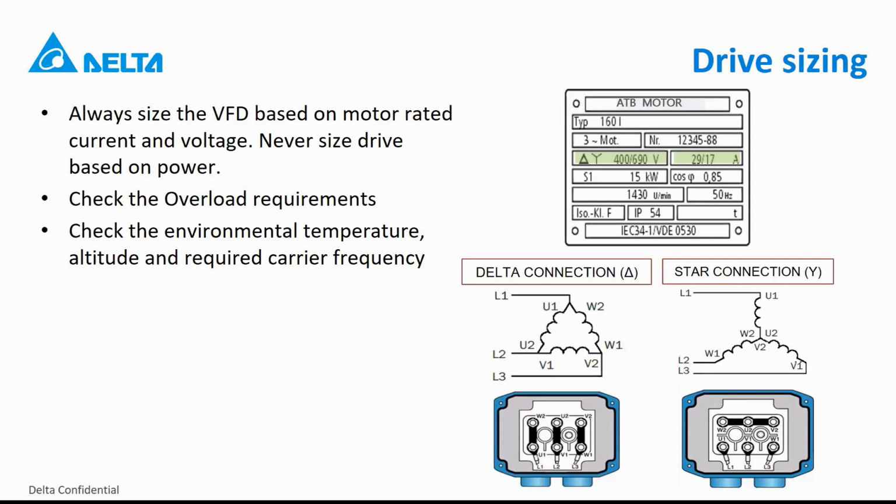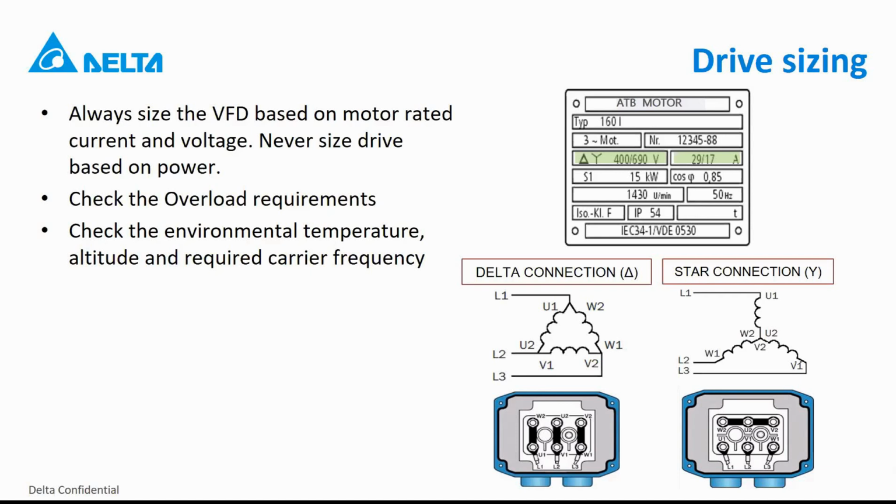Also, some other factors to keep in mind when you size a drive are the temperature, the altitude, and the required carrier frequency. For temperature, that's quite easy to imagine, because the higher the temperature, the more you need to dissipate the heat from the drive. But for altitude, this one is also very important to keep in mind.